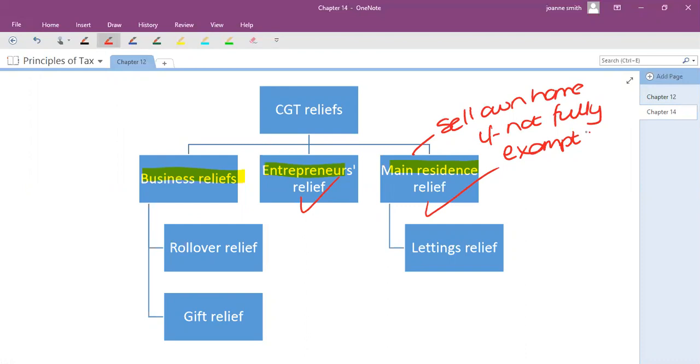But if you've ever rented it out, or if, say, you've used it partly for business purposes, then some of it might be chargeable. And you may not be able to reduce that to 0 with your annual exemption or any losses brought forward. So we're going to look at how that main residence relief might be applied.